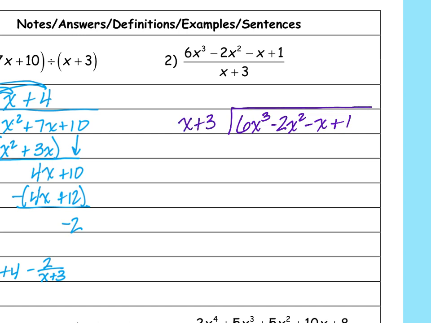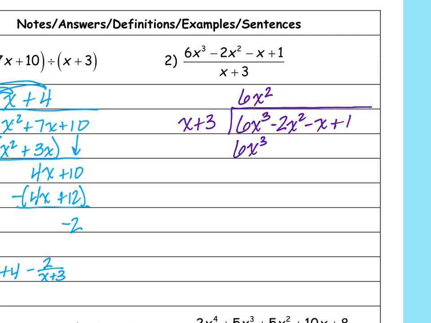Great, x plus 3. Okay. So what do I multiply x by to get 6x cubed? 6x squared, great. So I multiply it by 6x squared. And 6x squared times x is 6x cubed.